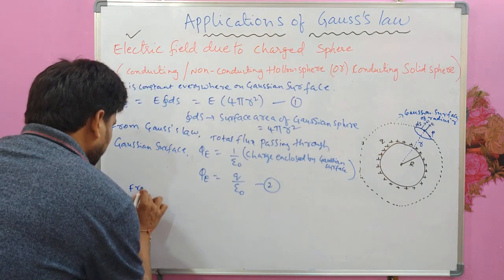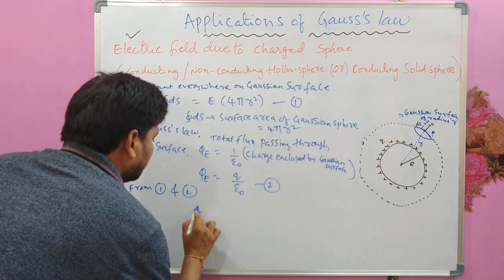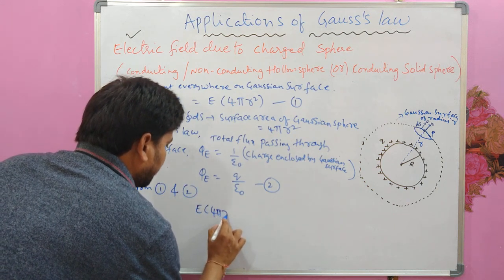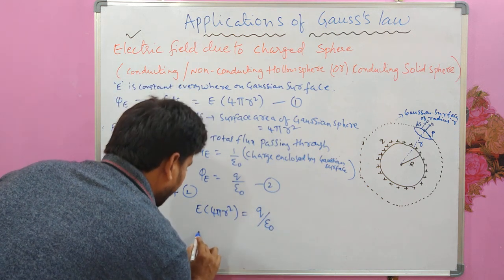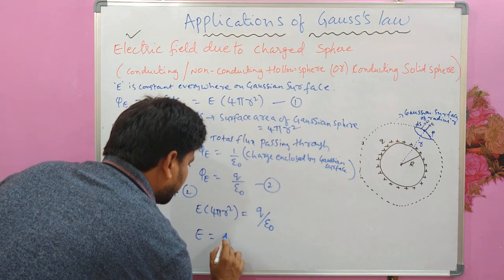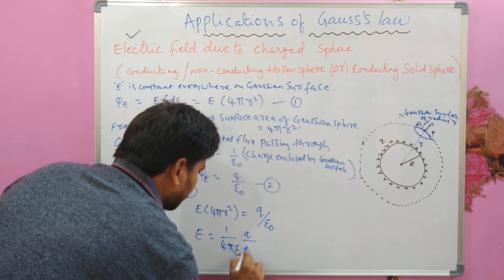from 1 and 2, E into 4 pi r square is equal to Q by epsilon naught, and E is equal to 1 by 4 pi epsilon naught times Q by r square.